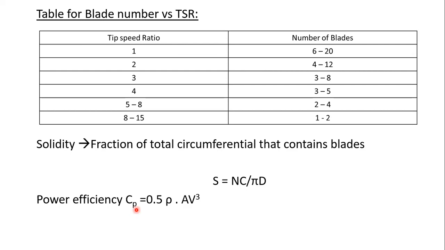The reason for the shape of this curve is that the optimum Cp occurs when the rotor blades are operating at maximum LDR, the lift drag ratio, which is close to but not quite stalling.